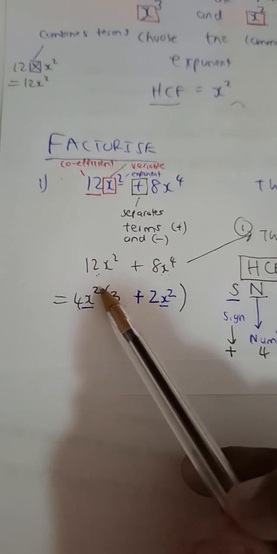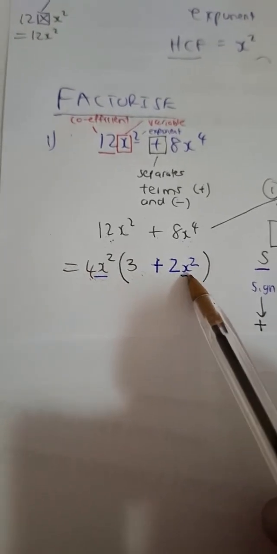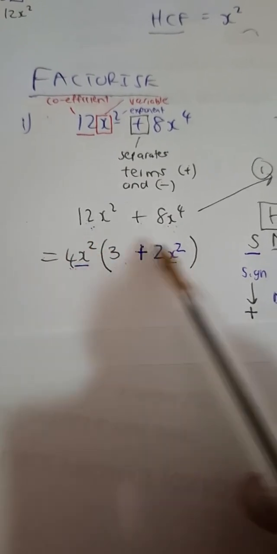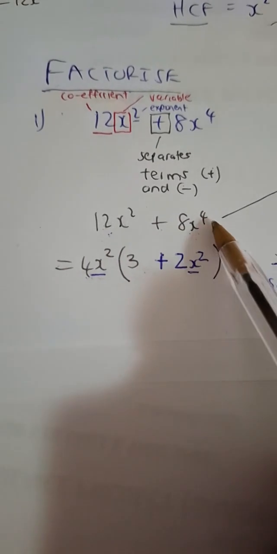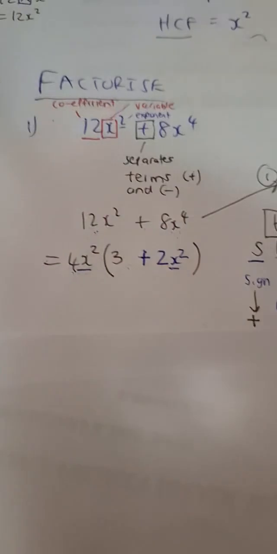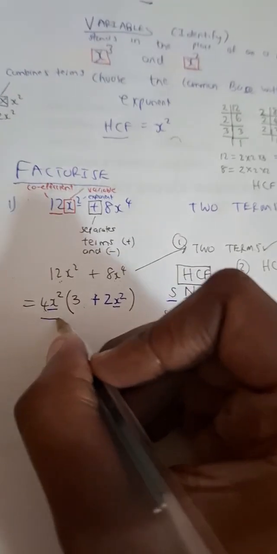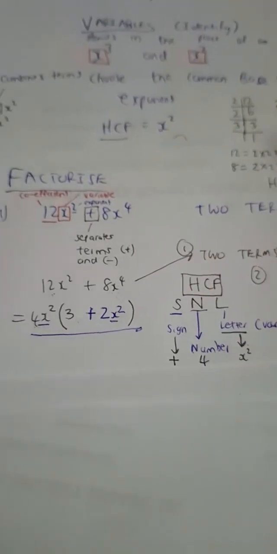This comes from the fact that x and x have the same base. So I'm asking myself, how many of these x's do I need to add to these 2 in order to get 4? 2 of these x's. So that's why we have x squared. And guys, my factorization is complete. That is how we factorize.